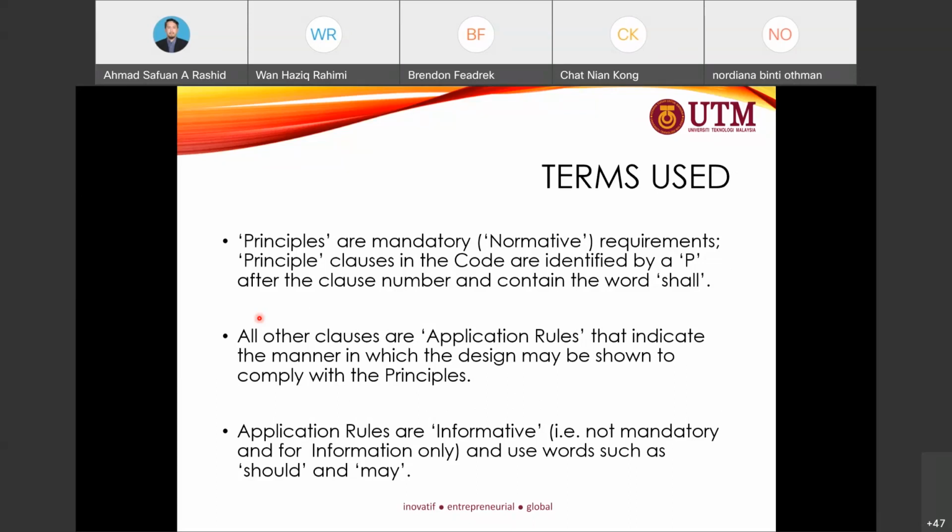So application rules are only informative, not mandatory, and for information only; they use words such as should and may. So when you look at the Eurocode, you may notice there are principles and application rules or informative, to describe which one is compulsory or mandatory and which is only for information.